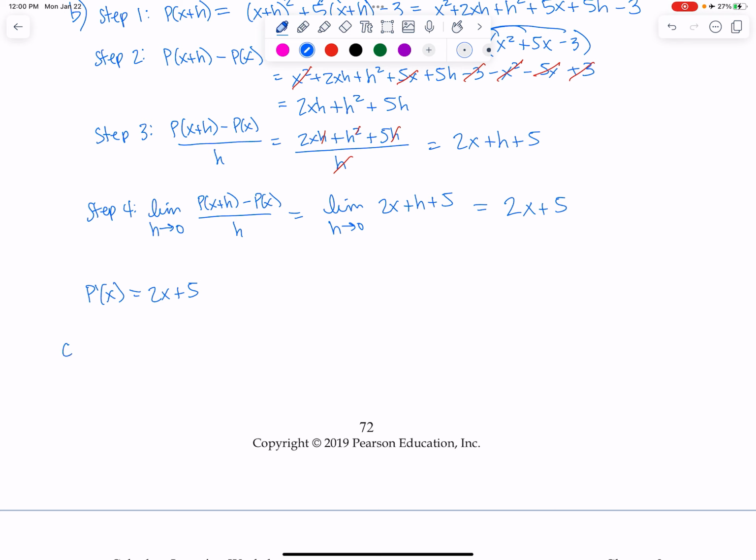Part C wants p prime of 2. 2 times 2 plus 5, 4 plus 5 equals 9, and an interpretation. So what does this mean in terms of items sold and profit?